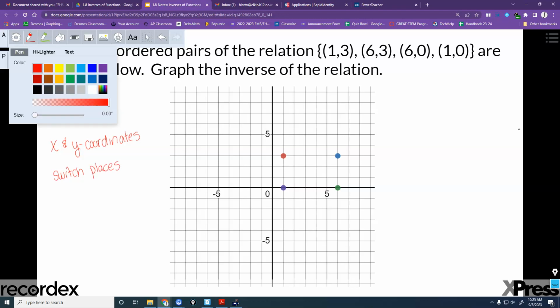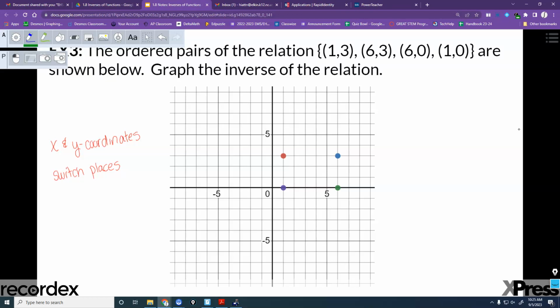So that would mean that 1, 3, what would it become? 3, 1. Let me go back to my colors and we'll make this match if I can. Okay, so 1, 3. What color is 1, 3 on that graph? It's red. It's this red point right here.